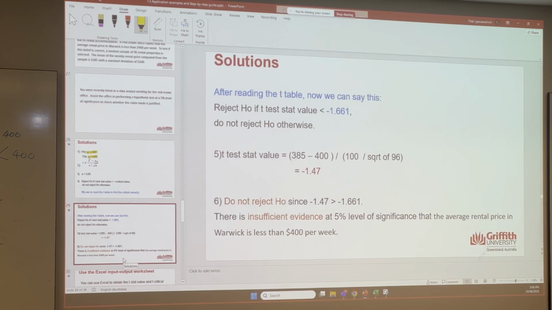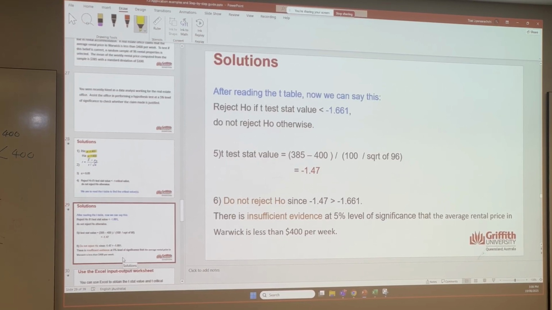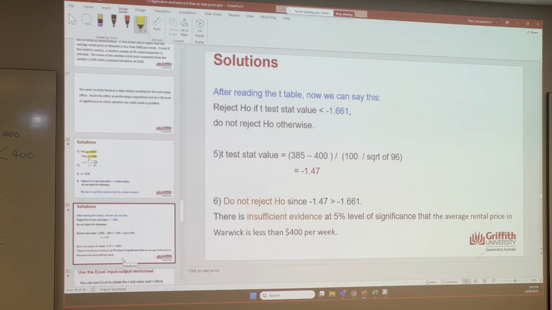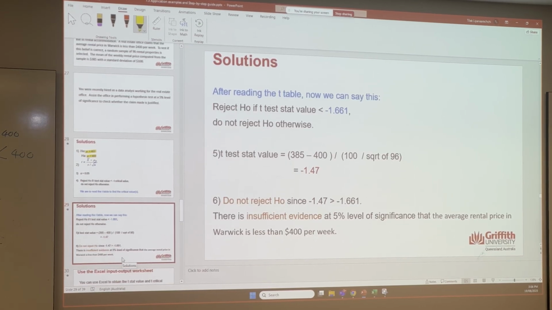I have a question. The alpha is always 5%? No, it can be any value. But we usually use three values: 5%, 2.5%, and 1%. Very good question. If I do research, I'll be doing maybe 100, 200 estimations on the computer, so I cannot keep changing 5%, 1%.